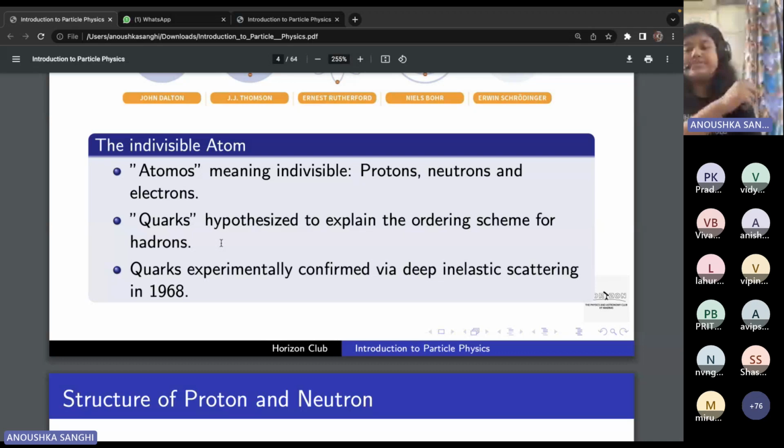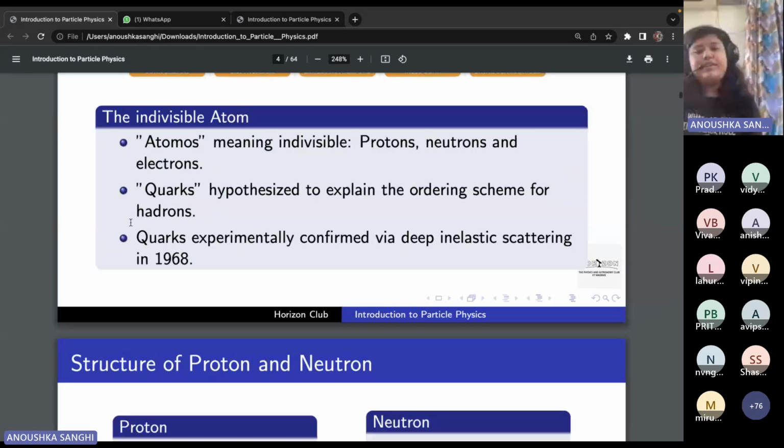In experiments carried out in the 1960s, scientists found some particles beyond protons and neutrons, which are called quarks. Quarks are the smallest fundamental particles we know, and nothing can be smaller than quarks. It's written here that they were experimentally confirmed via deep inelastic scattering. So through experiments, we can see quarks.